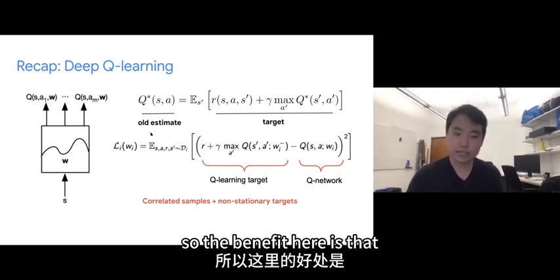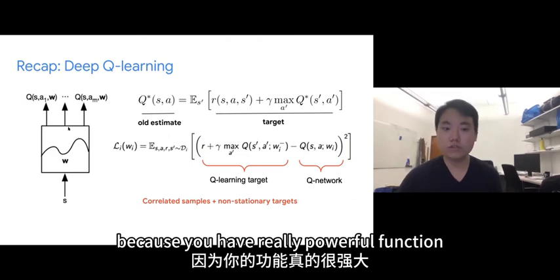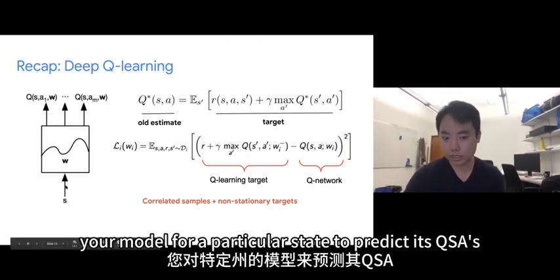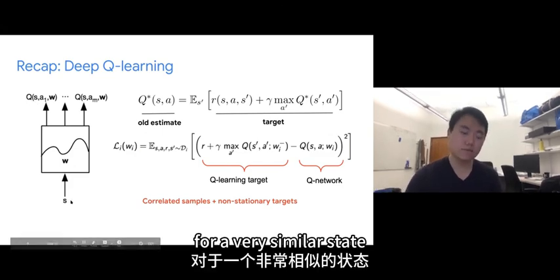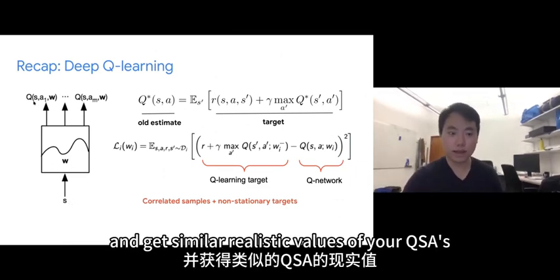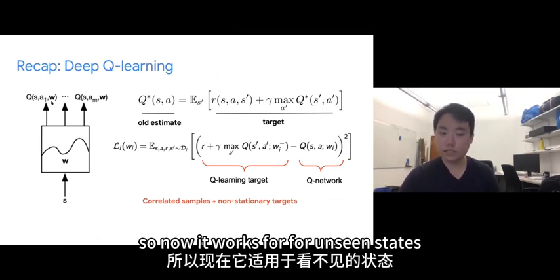So the benefit here is that just because you have really powerful function approximators, if you've trained your model for a particular state to predict its QSAs, for a very similar state you can also apply it through your function approximation and get similar realistic values of your QSAs. So now it works for unseen states.